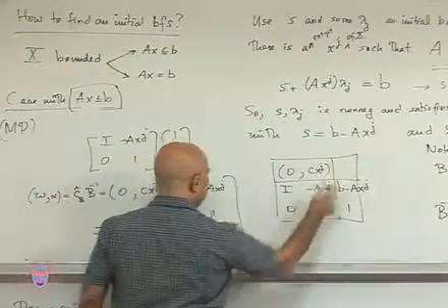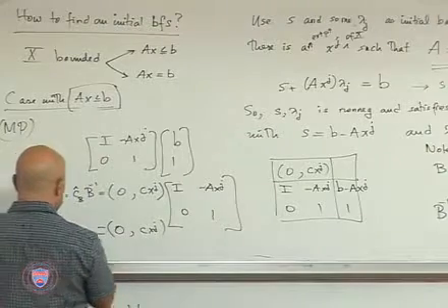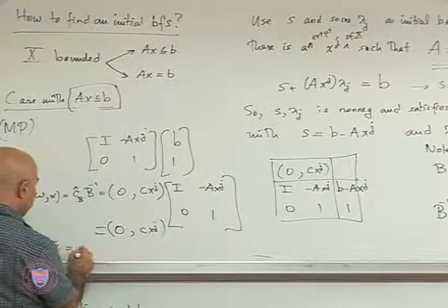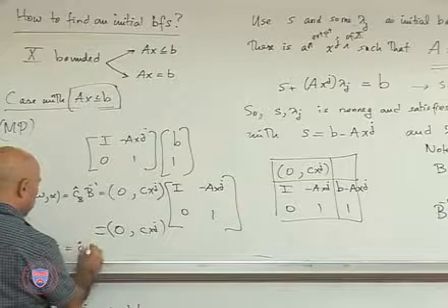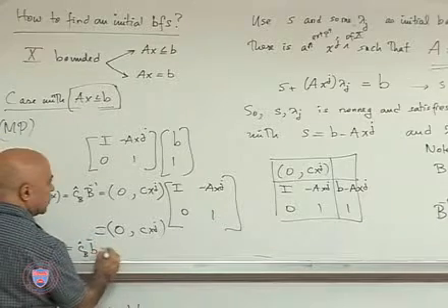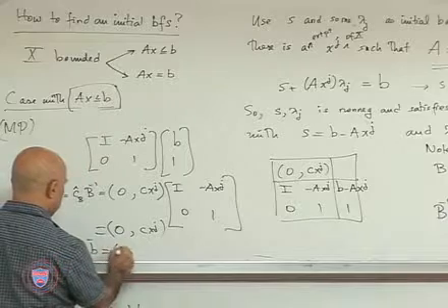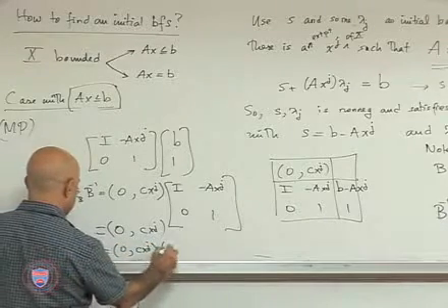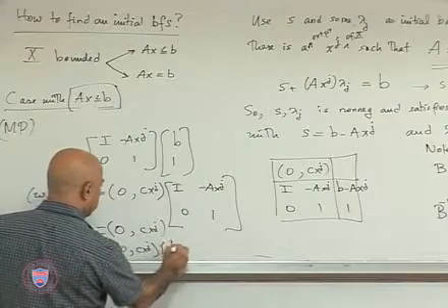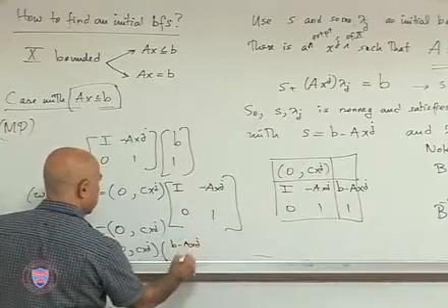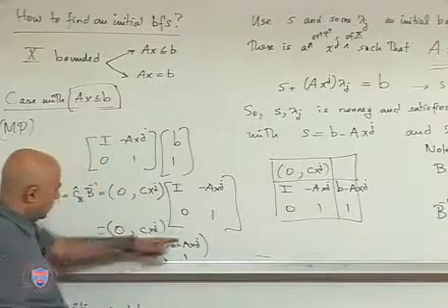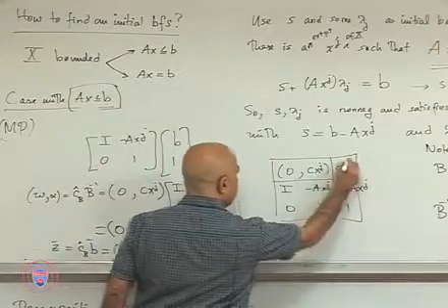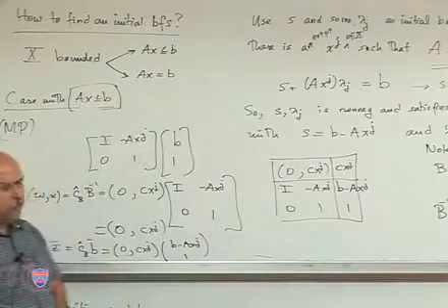And the objective value, Z bar, is equal to CB cap times B bar, which is 0, CXJ, times B bar, which is B minus AXJ, 1. 0 times that plus CXJ, simply. Okay.